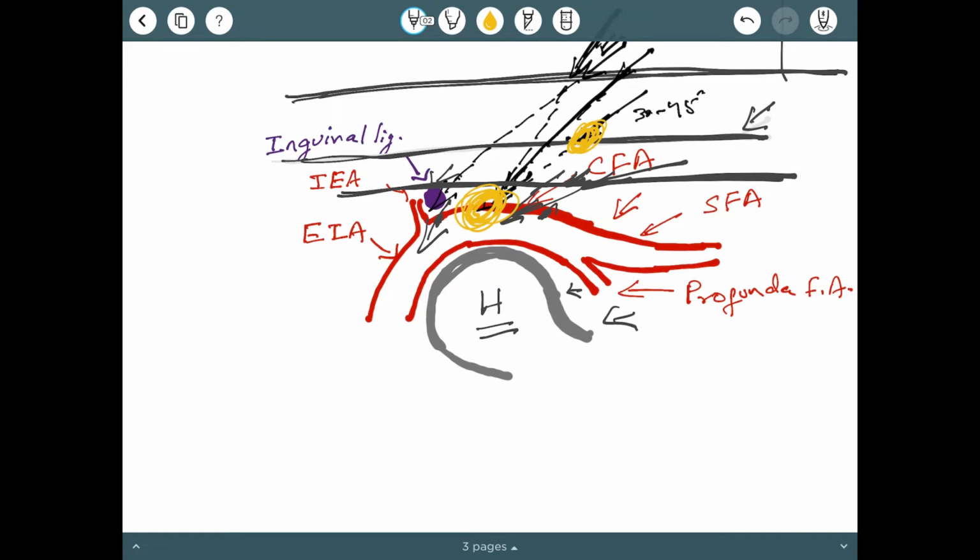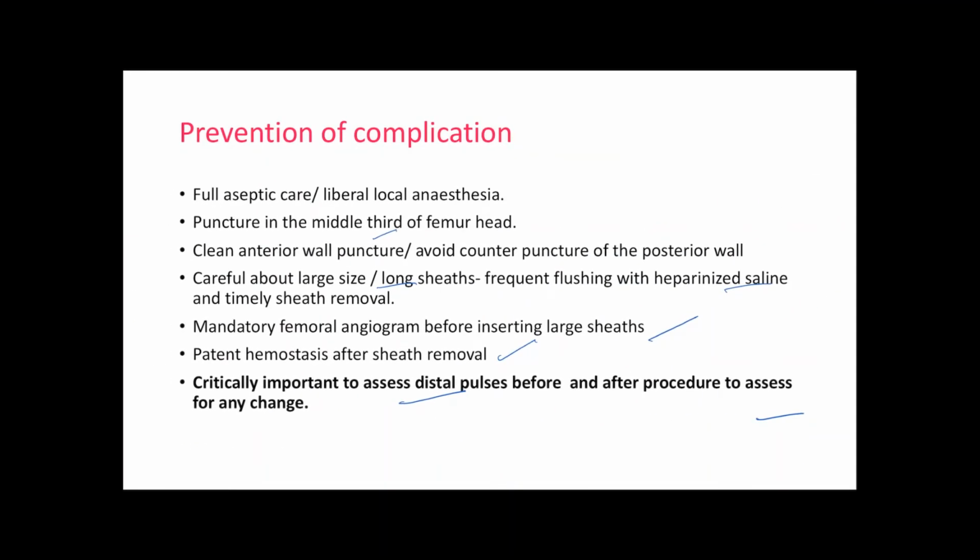So if you press at the skin puncture, the arterial puncture will never be compressed. So the maximum pressure should be one to two fingers above the skin puncture site. And you should observe the skin puncture site, whether it's bleeding or not bleeding during the procedure. And it's a very good habit that you press in such a way that you can also feel the arterial pulsation. If you put a lot of gauze pieces over the puncture site and just press with your fist or both hands, you are likely to miss whether you are having patent hemostasis or not.